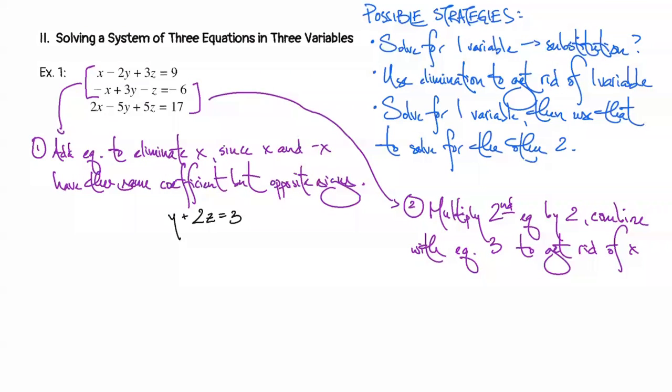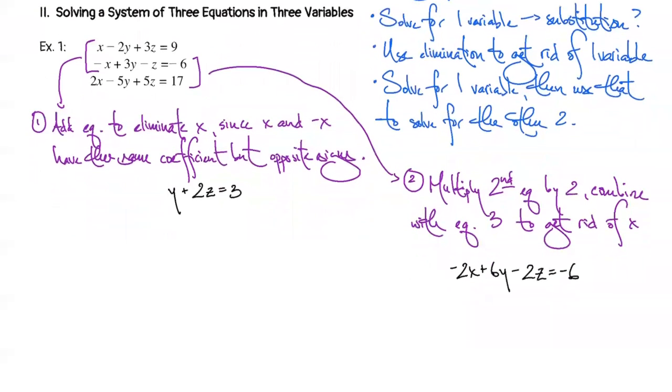So if I multiply that second equation by 2, I get -2x plus 6y minus 2z equals -6. And if I stack that on top of the third equation, I get 2x minus 5y plus 5z equals 17. And now I can add those together and I get y plus 3z equals 11.